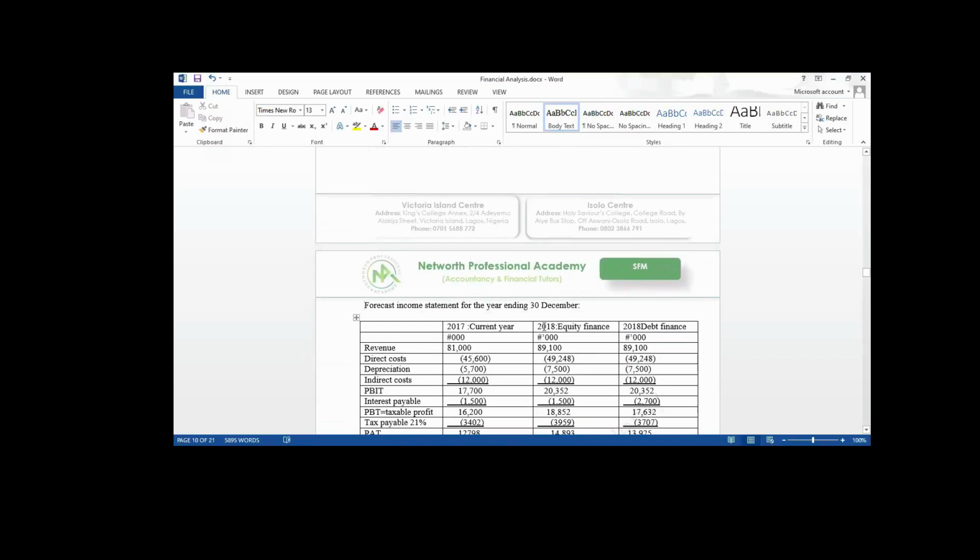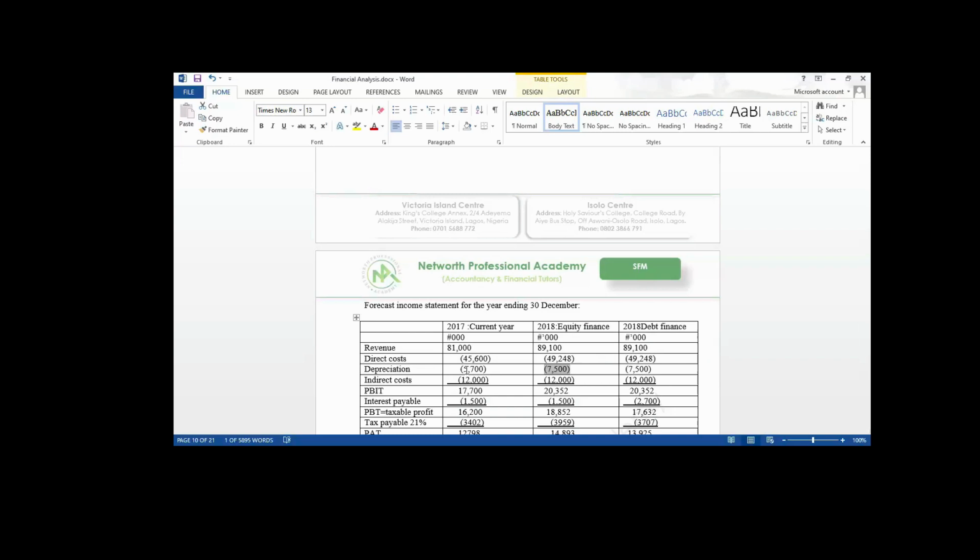Look at under 2018, 7,500. In 2017, annual depreciation was 5,700. But because in 2018 you are bringing in a new asset of 10 million, on the new asset, depreciation is 1.8.